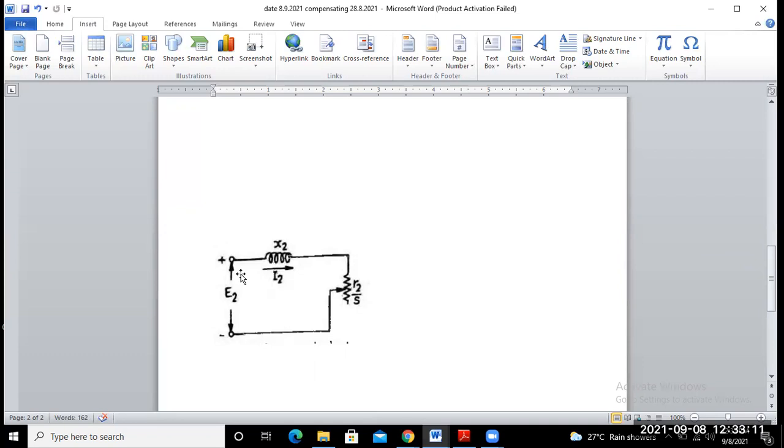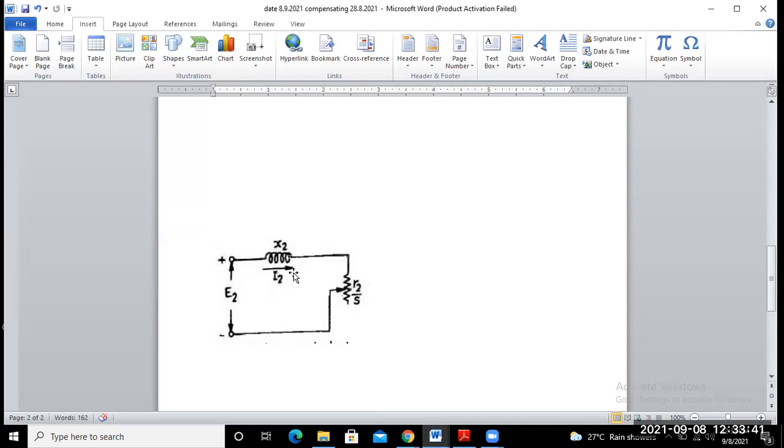One more thing we can explain here. If this is your circuit, the rotor current I2 lags the rotor voltage E2, because the circuit is RL. This one is your R and this one is your L. So obviously the current lags E2 by some angle, represented by theta 2, which is resistance divided by reactance.